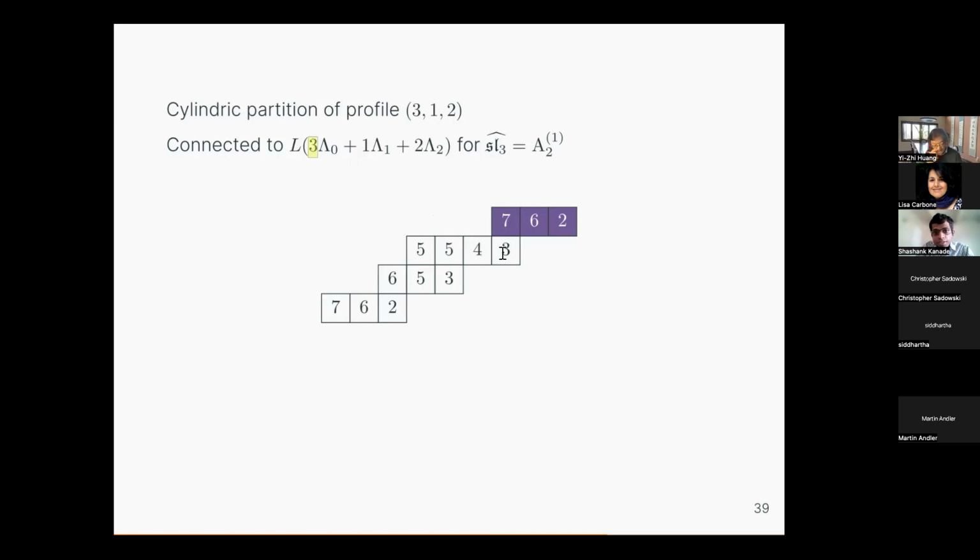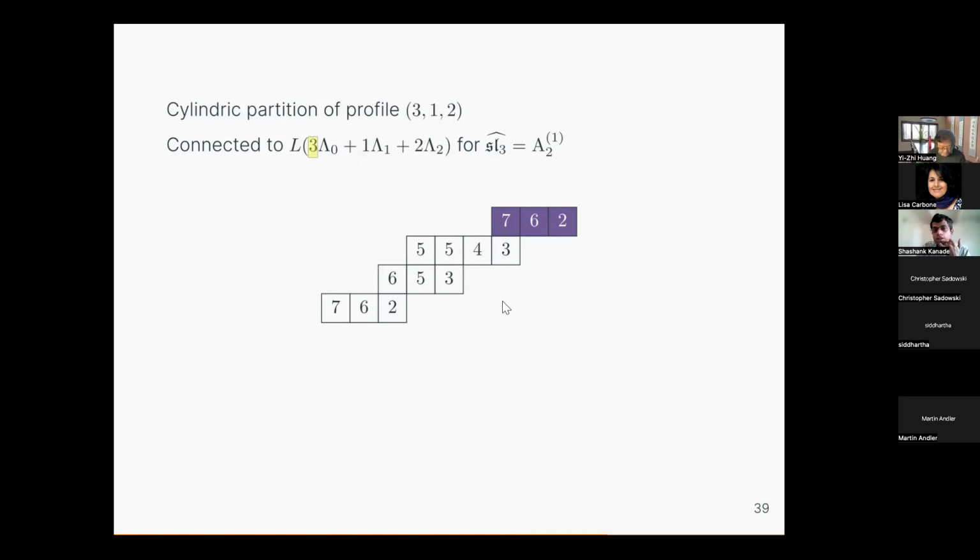Okay, so really the cylindric partition is just the bottom 3 rows that have white squares, but you do shift this 762, put it on top, and after doing this, you should still be weakly decreasing along rows and weakly decreasing along columns. So that's the condition.